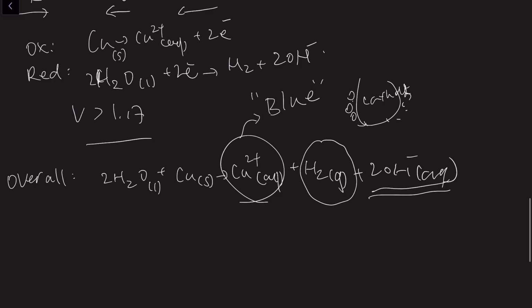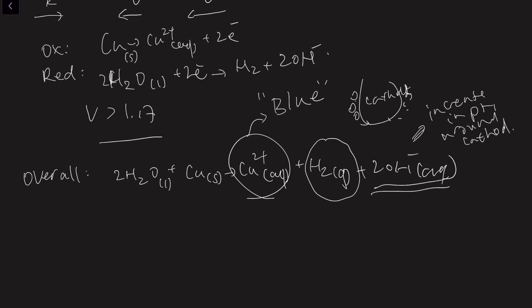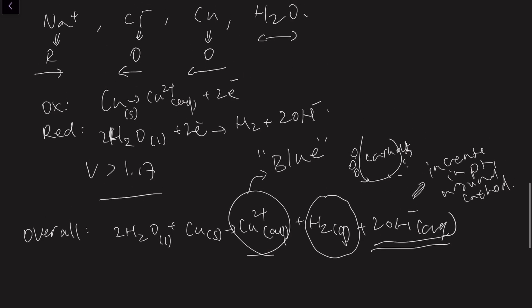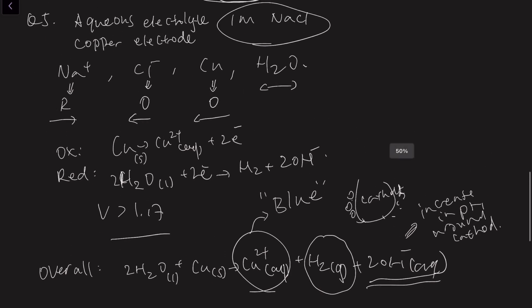If you recall from your year 11 chemistry knowledge about pH value, you know that an increase in the OH minus ion would indicate an increase in pH around the cathode. So the whole solution around the cathode should become more basic. So those are some of the cues you can use to tell whether you are actually doing the desired reaction or not.